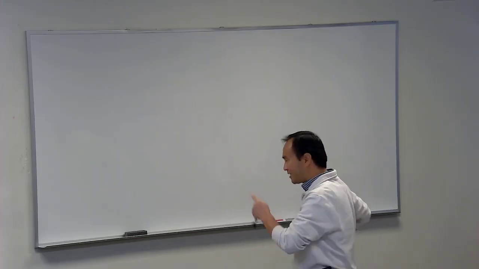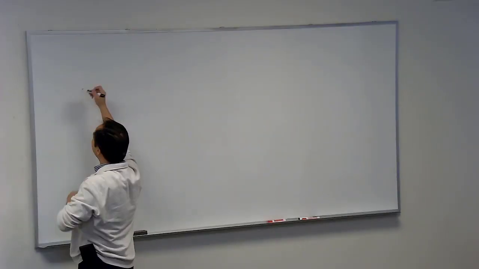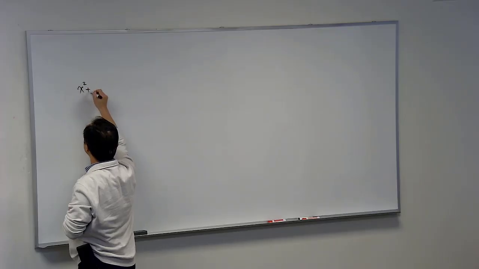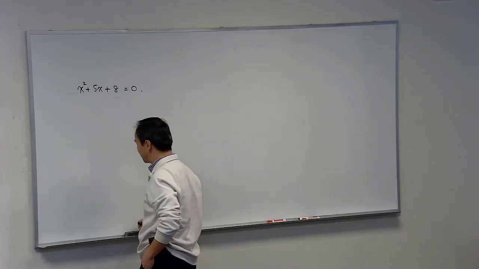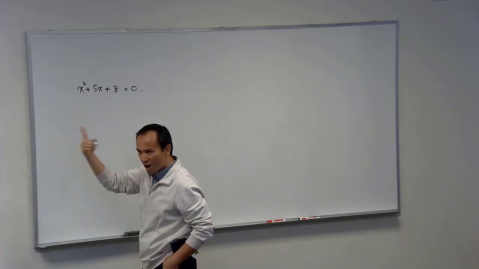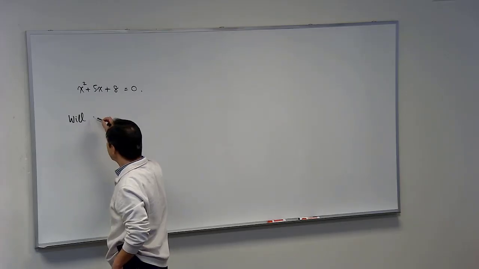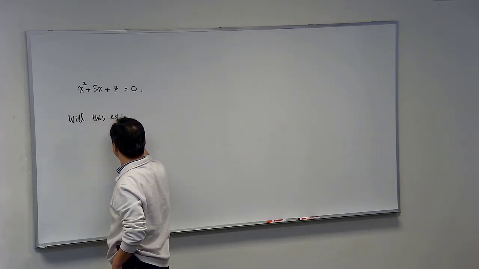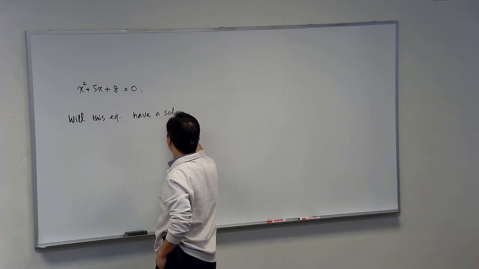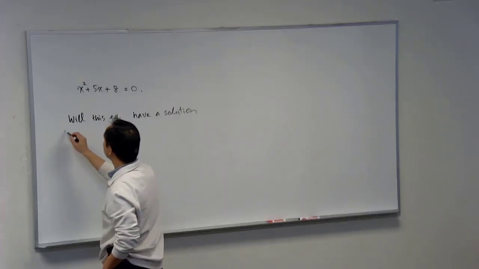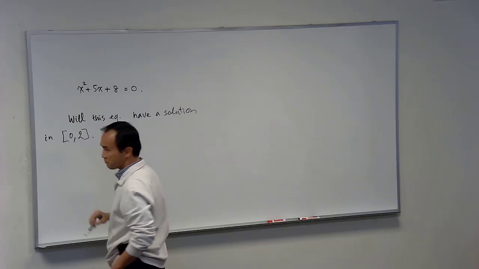So think of it. Naively enough, when you see an equation, x squared plus 5x plus 8 equals 0, you're going to start thinking immediately, because the core of the question is asking you, will this equation have a solution inside of the interval from 0 to 2?